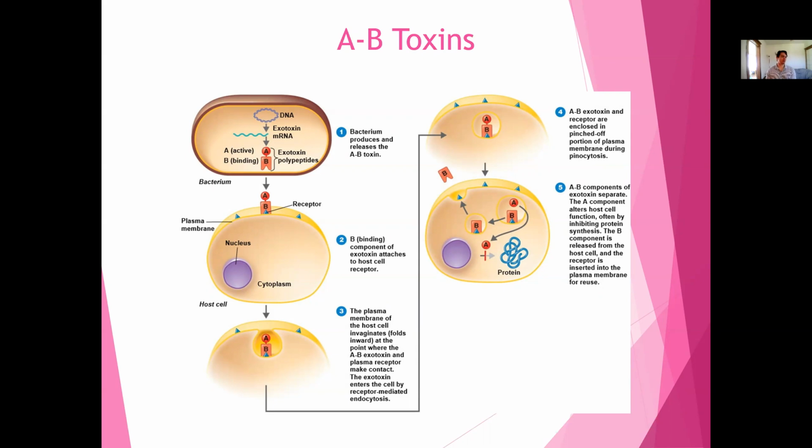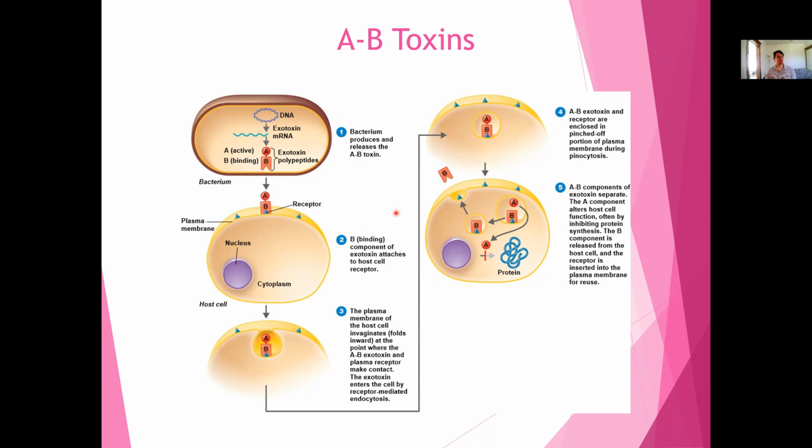So how do these AB toxins work? In step number one, the AB toxin is released from the bacteria. Then in step number two, the B component attaches to a host cell receptor. There you see the receptor, the AB toxin, and the B component attaching to the cell.